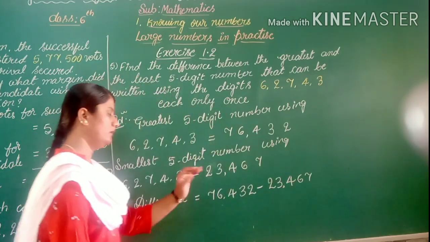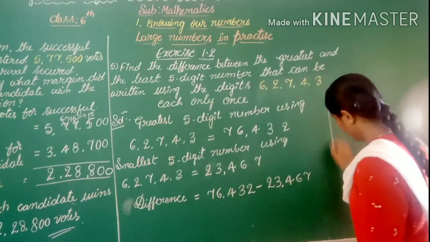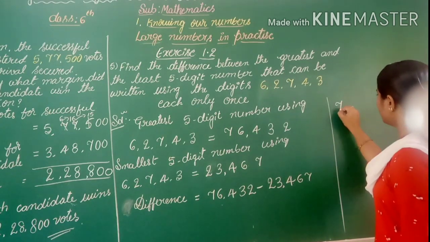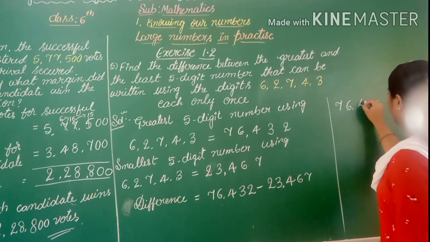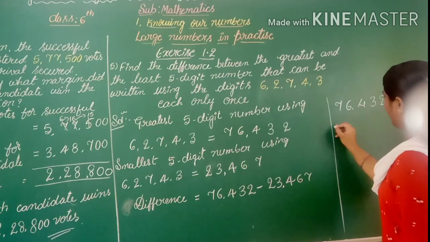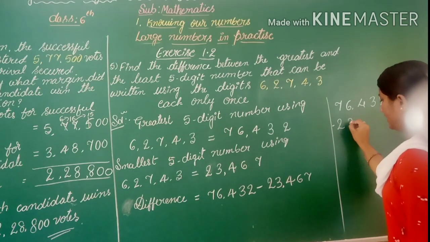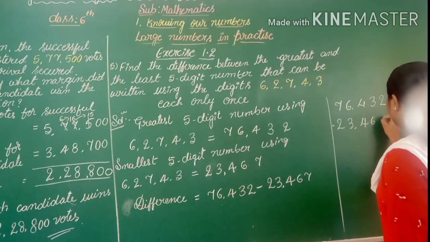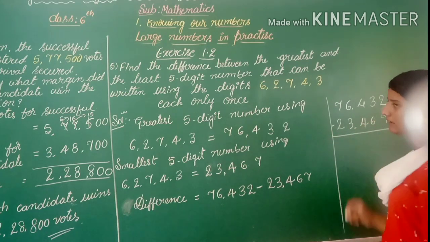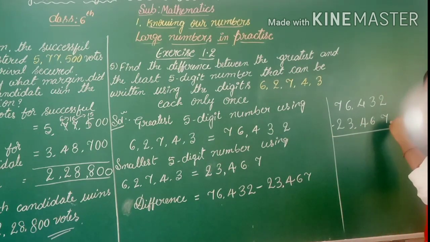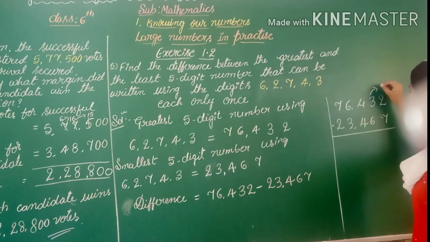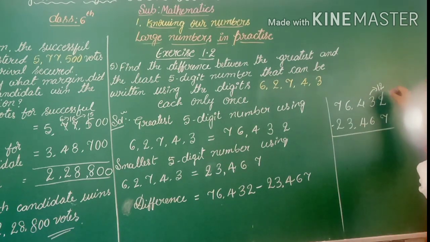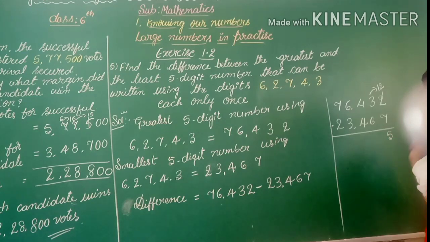So you can do the subtraction and write 76,432 minus 23,467. Then subtract: here 2 minus 7, we cannot subtract, so we have to borrow. It becomes 12. 12 minus 7 is 5.